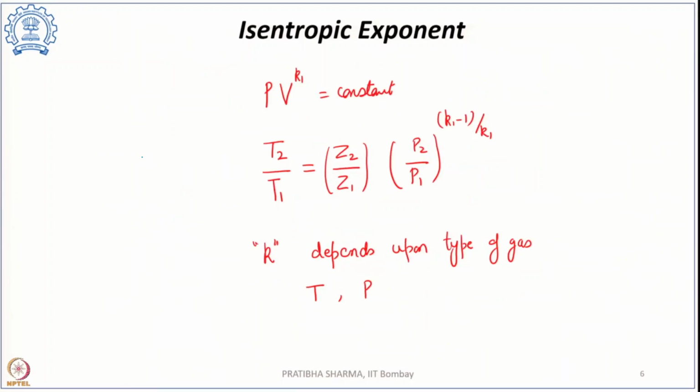And for the real gas conditions, this is important. This is the real gas constant, P into V to the power K1 equals constant, by using the first equation.